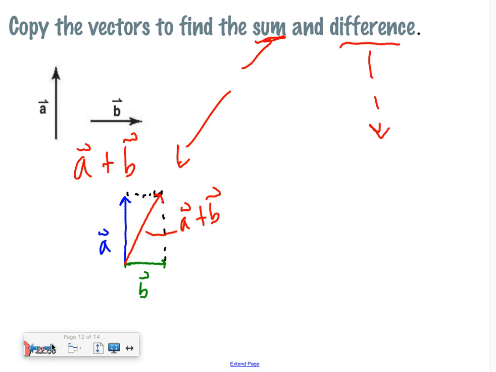So again, start with A. So when you subtract something, you just draw it in the opposite direction. So do you guys see how B is going this way? I'm going to draw B going the opposite way. So here's where I'm starting, but instead of going to the left, I'm going to draw it going to the right.